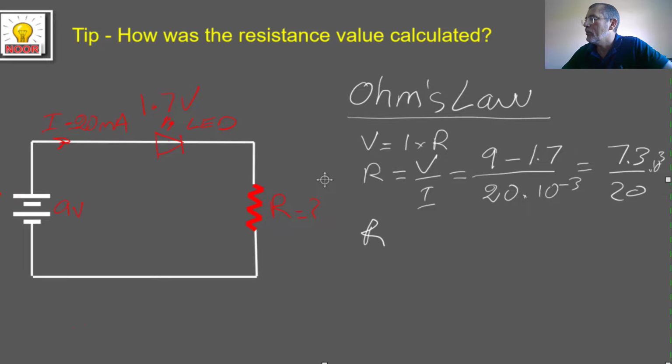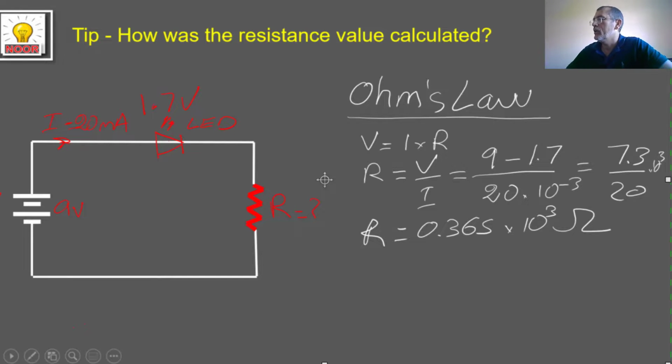So finally, your R is 0.365, if I'm not mistaken, times 10 to the power 3 ohm, okay? A good resistor value should be 365 ohm.